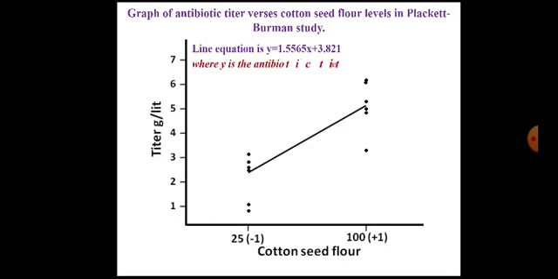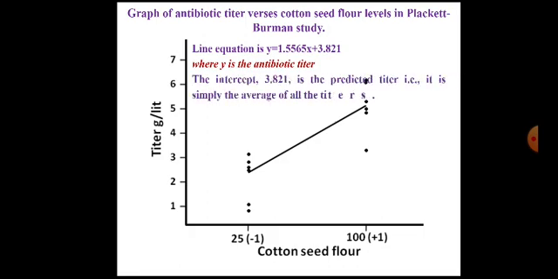In this example, the intercept 3.821 is a predicted titer, that is, it is simply the average of all the titers as we have seen in the last response table.